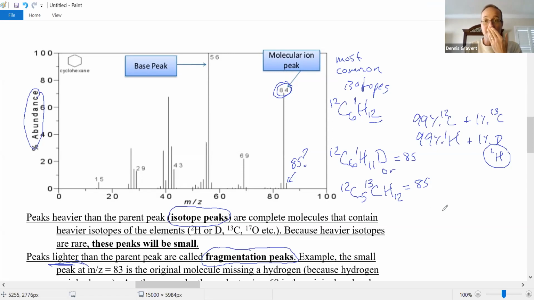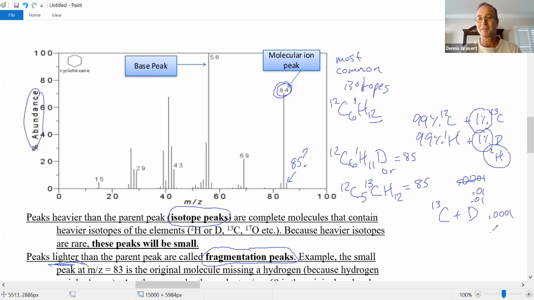Some of you might be saying, well, isn't it possible to have a molecule with both a C13 and a deuterium atom in it? And yes, it is possible. But that's only going to happen 1% times 1% of the time. 0.001%? No, sorry. Let's go decimal. Should have done the math before. Multiply that together.